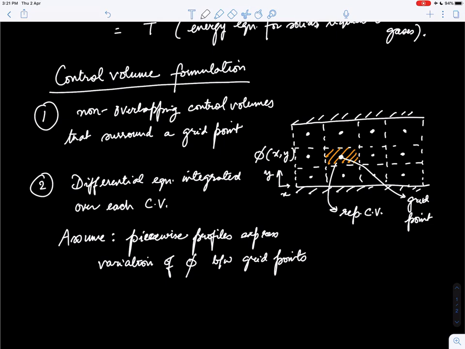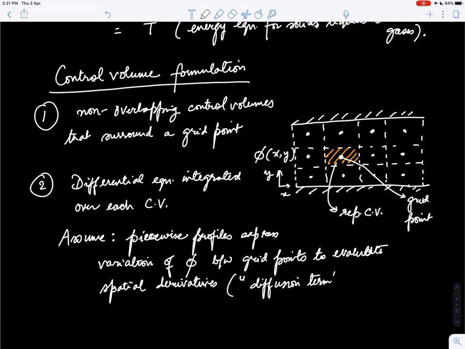This will be done primarily to evaluate the spatial derivatives, and as we'll see later, these will be derivatives that are typically in the diffusion term. We'll get to that point, and then it will make more sense in a few minutes from now.